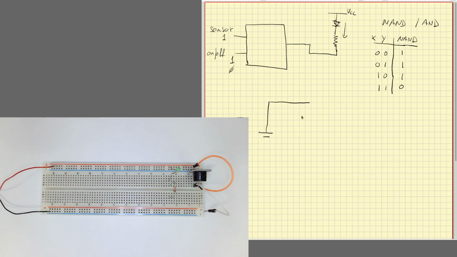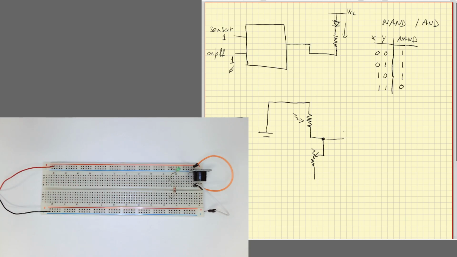Then we have our photodiode that receives light. It goes to a potentiometer that will serve to adjust the sensitivity, and this will give the signal for our system here.